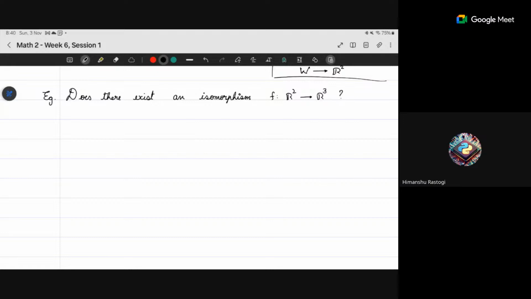You're saying whatever map I construct, you can never make it onto. Is it any map or any linear map that cannot be onto? Or a linear transformation cannot be onto?